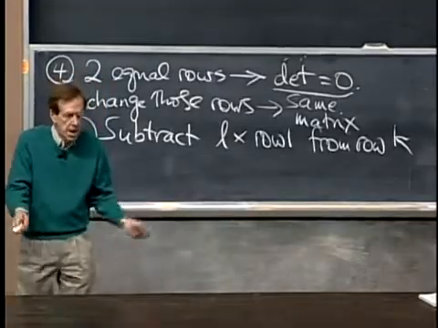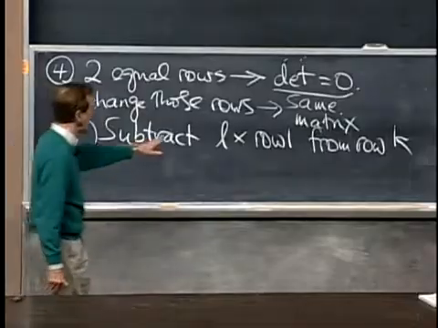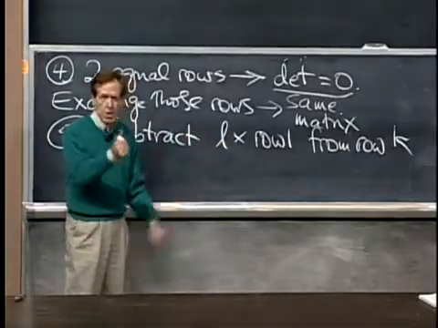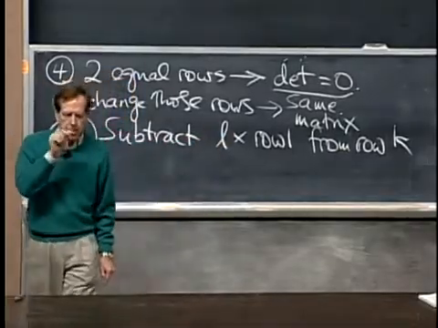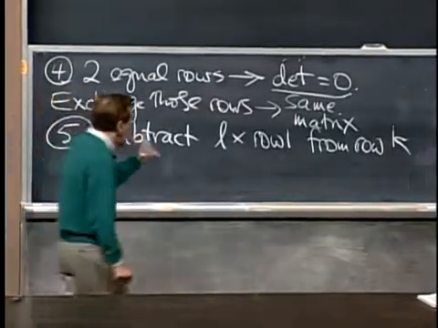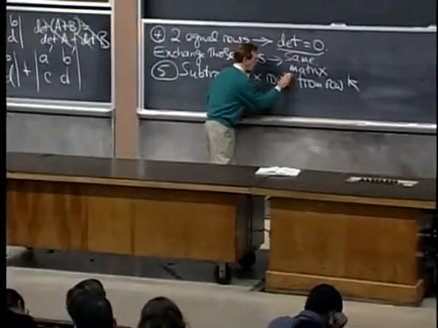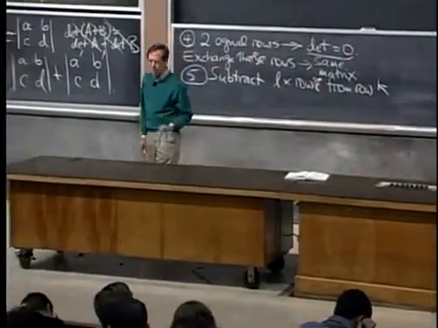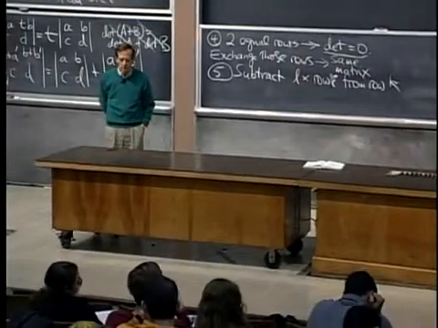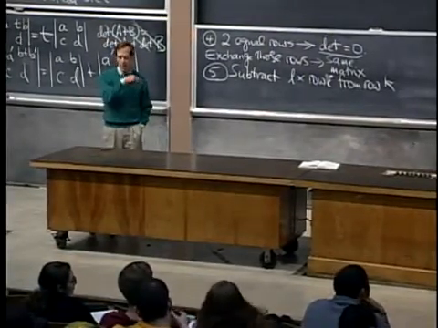You remember why I did that. In elimination, I'm always choosing this multiplier so as to produce 0 in that position. Or row i from row k. Maybe I should just make very clear that there's nothing special about row 1 here. Okay, so you can see why I want that one.